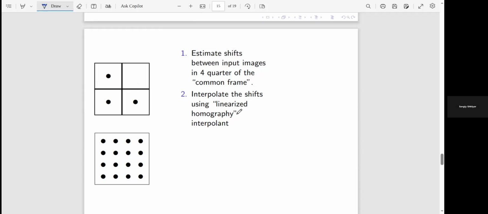Then I interpolate the shifts. Then I perform some averaging.